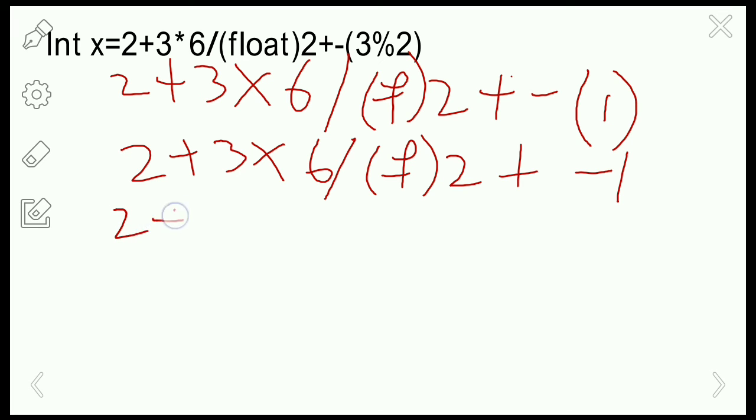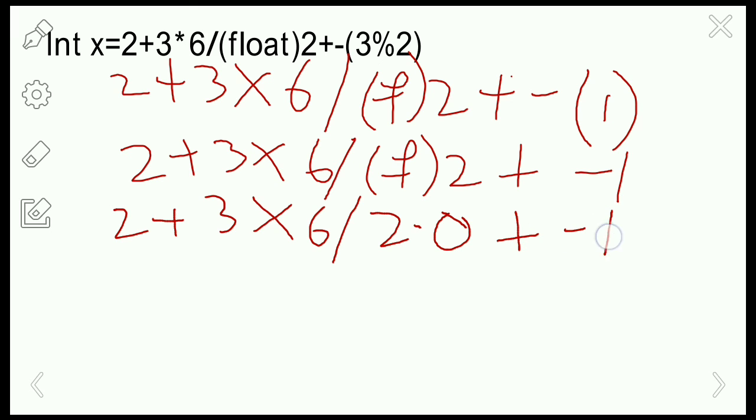So 2 plus 3 into 6 by, float of 2 becomes 2.0, because we convert the integer value 2 into float type. So 2.0 plus minus 1.